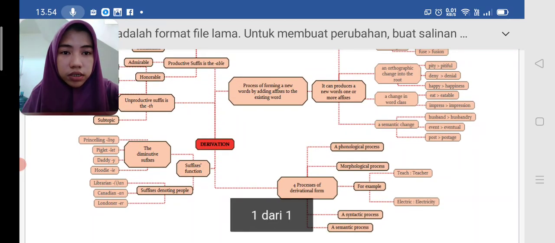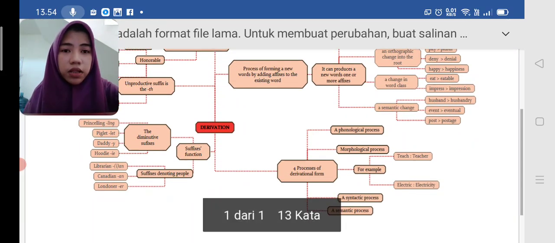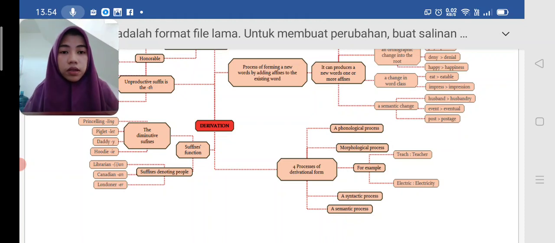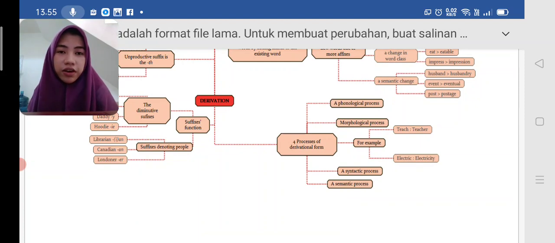For the suffixes denoting people, there are Liberian, Canadian, Londoner. Suffixes denoting people means we usually call people from another country by the name of their country.